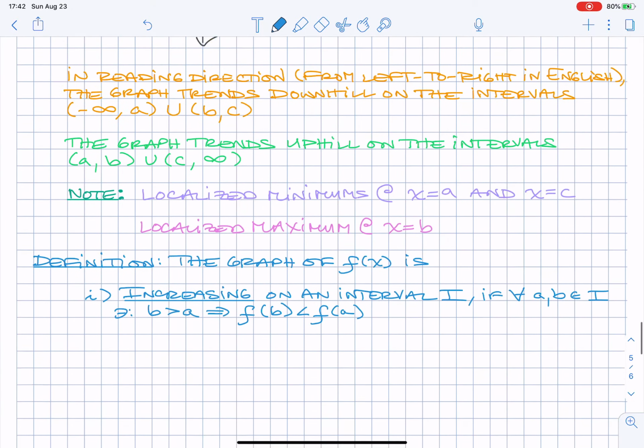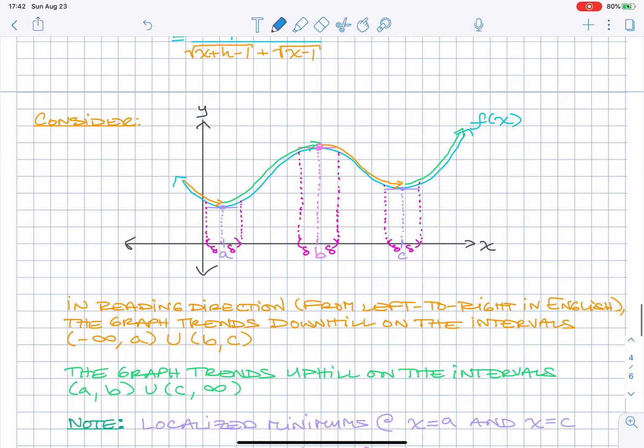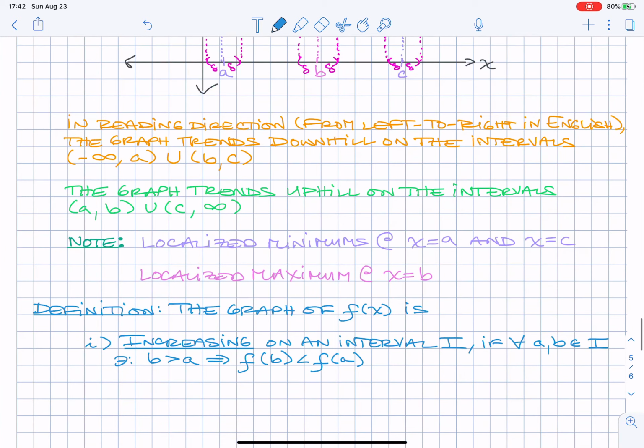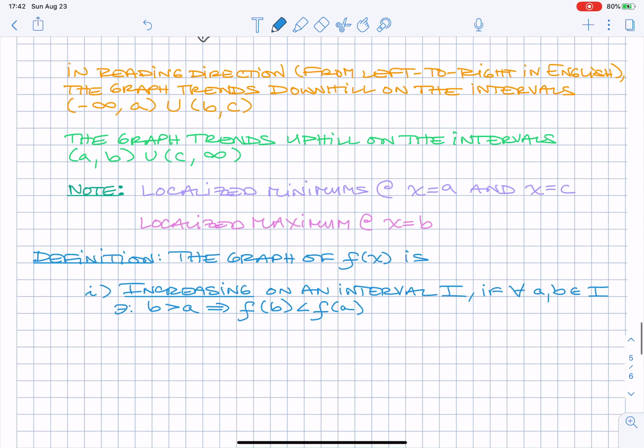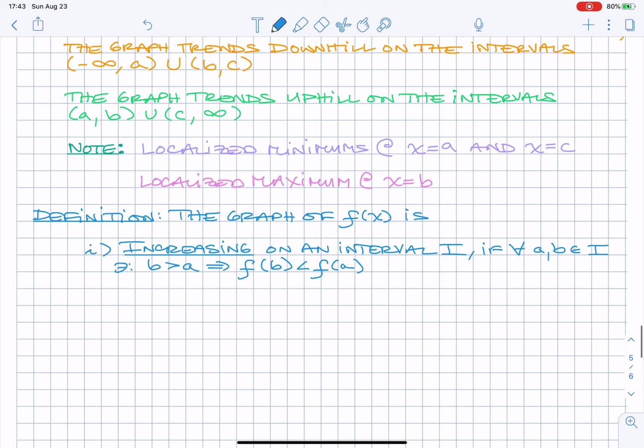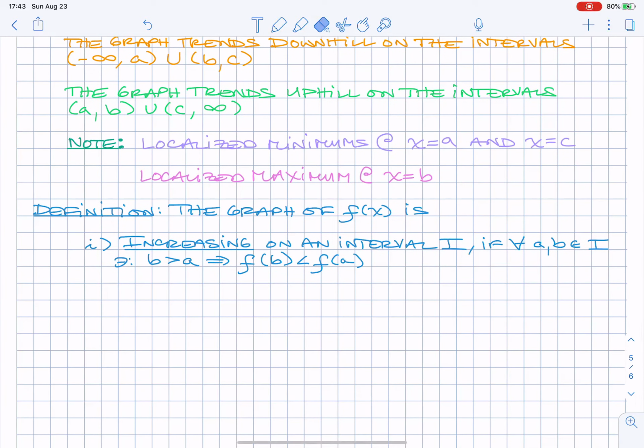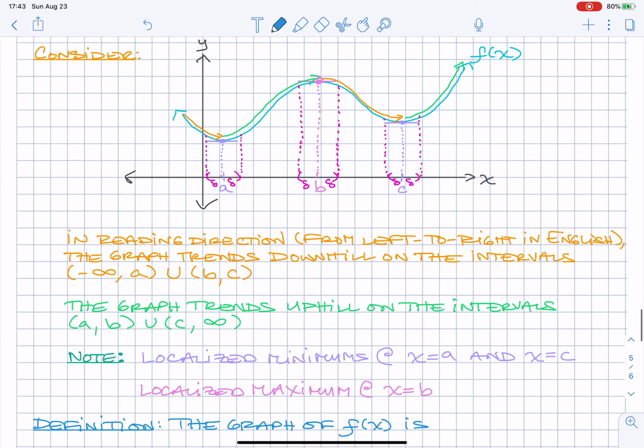So let's see, what does that mean? If I'm going uphill, sorry, increasing, no, what do I want? I want this to be greater than. Okay, got to figure this out.